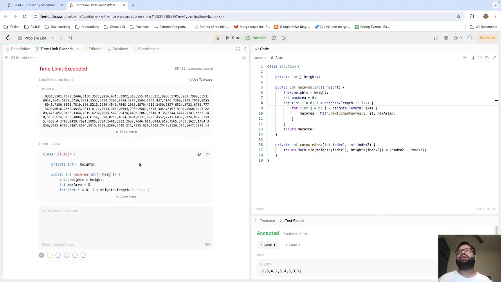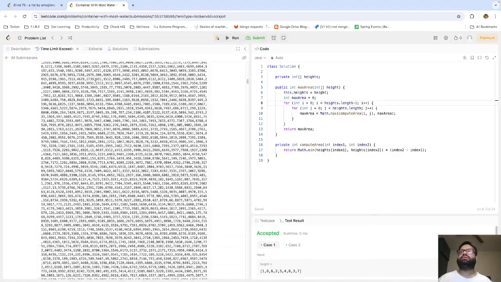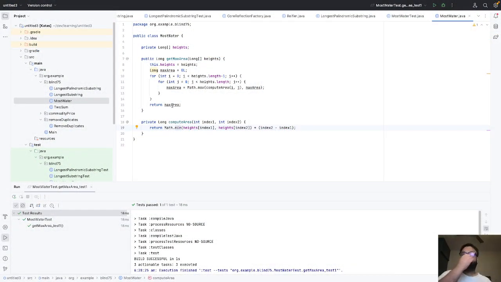Time limit exceeded. Hmm, that figures. So we do need to optimize it. Let's think for a minute.